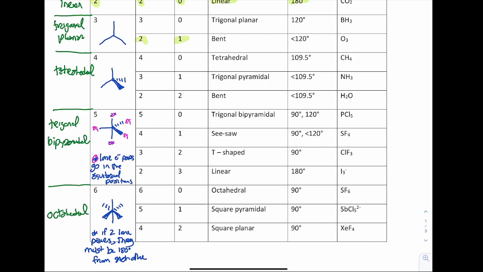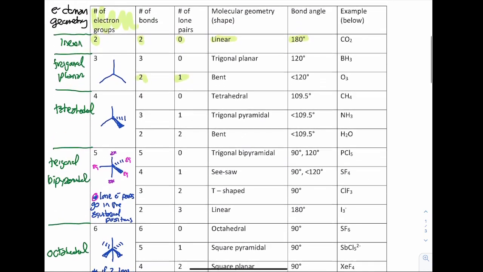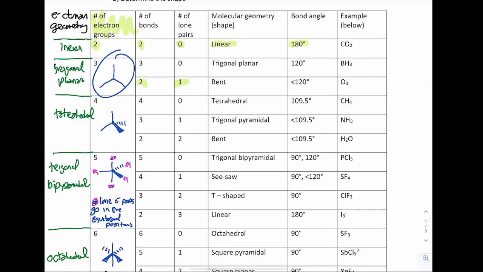And then the name kind of looks like what it is. You still have to know the names, but I know that if I get rid of this part and tip it sideways, it's a seesaw. If I get rid of those and then tip it sideways, it looks like the letter T.